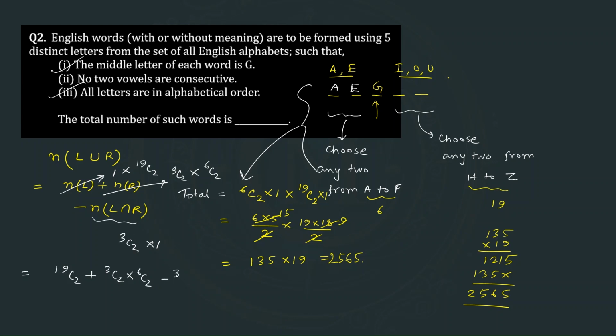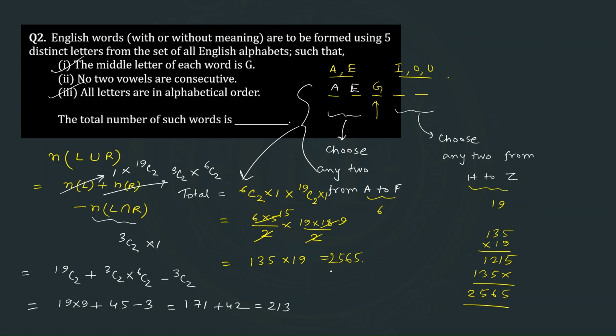So this comes out to be 19 times 9 plus 3 into 15, so 45, minus 3. So this is 190 minus 19, which is 171, plus 45, minus 3, which is 213.